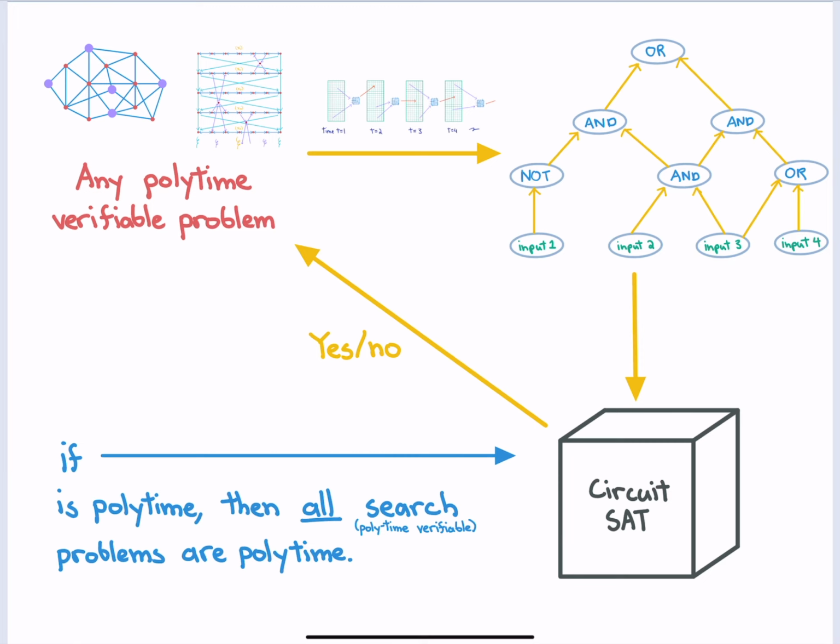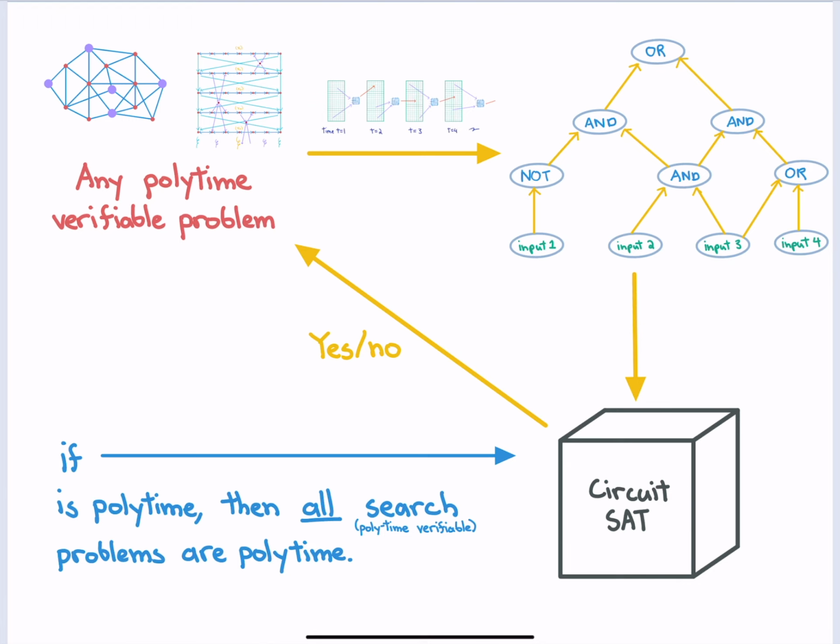Okay, so let's take, for example, independent set. Suppose I have a black box that can solve circuit SAT, and I want to solve independent set. At least in theory, there exists a circuit to verify a solution for independent set. That circuit takes as input a list of vertices and outputs true if it's an independent set of size at least k, outputs false if it's not.